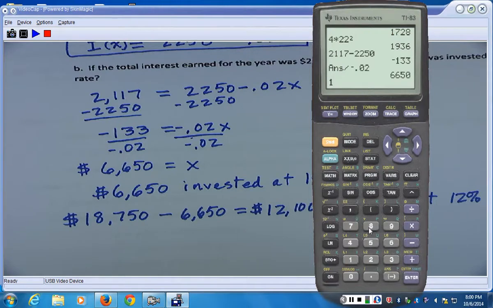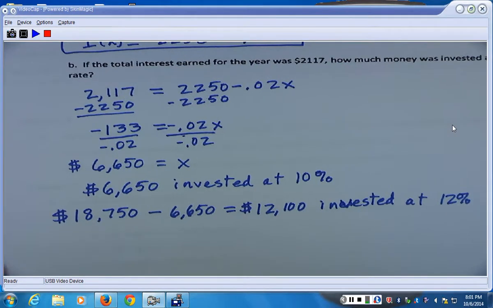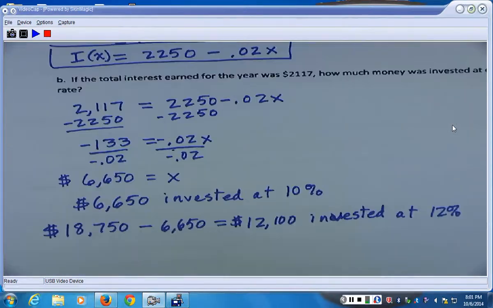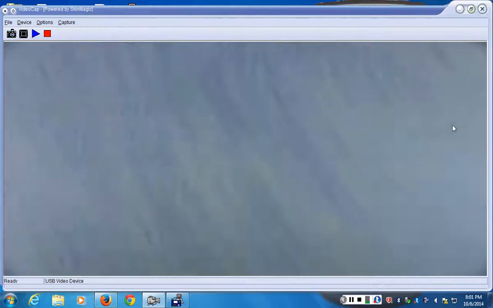If we take our 18,750 and subtract the 6,650, that's where you get the 12,100. So that's an interest problem. So interest is principal times rate times time. Any questions on that? Besides that it wasn't very realistic anymore.